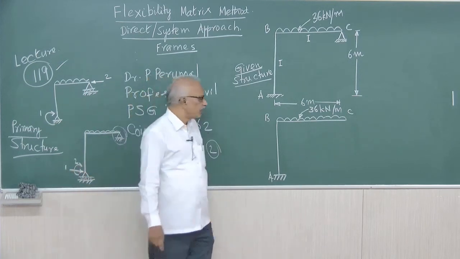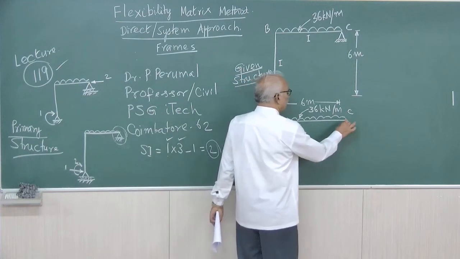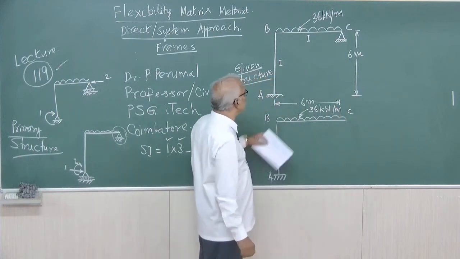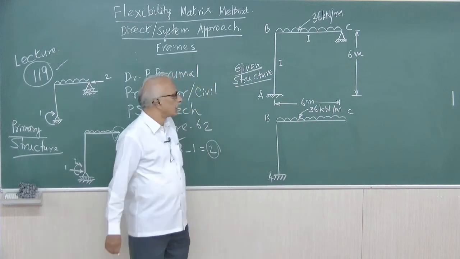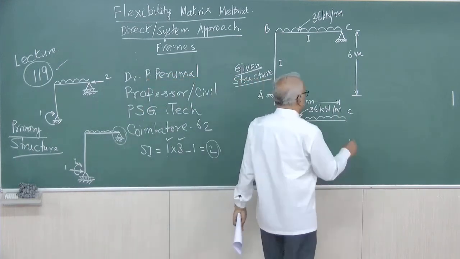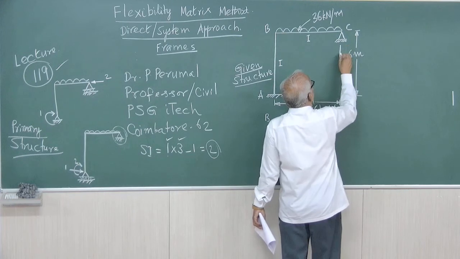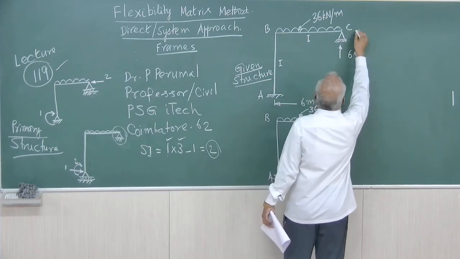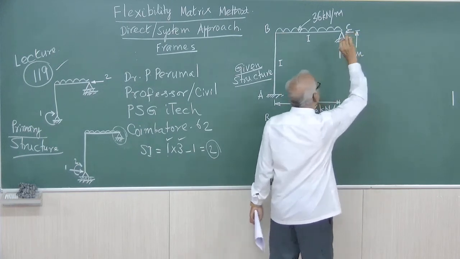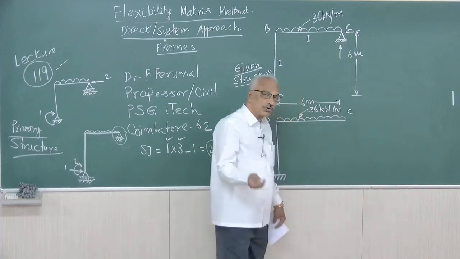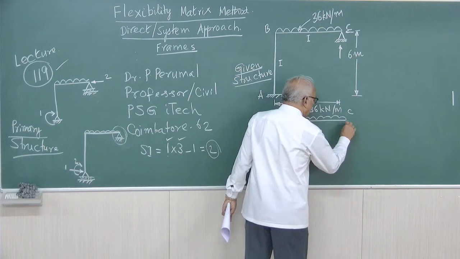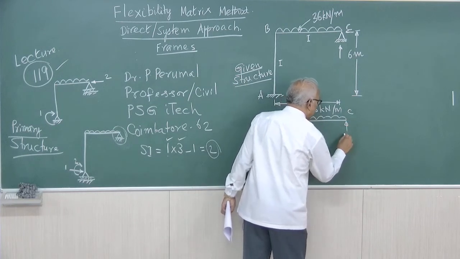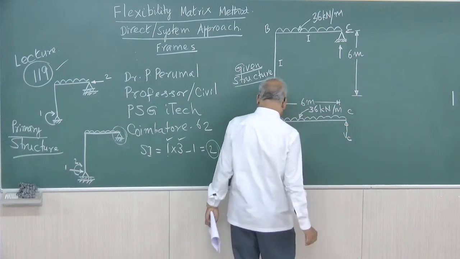Or, what we can do is remove the support at C. Now, here it can take a vertical reaction and also a horizontal reaction, which we are removing. Therefore, we have to replace them. So the redundants are the vertical reaction at C, VC, and the horizontal reaction, HC, which is another redundant.